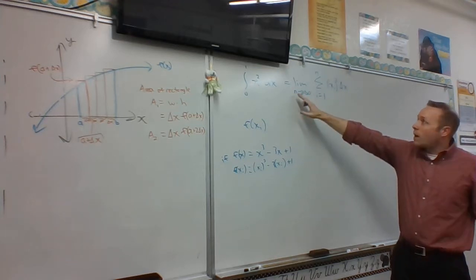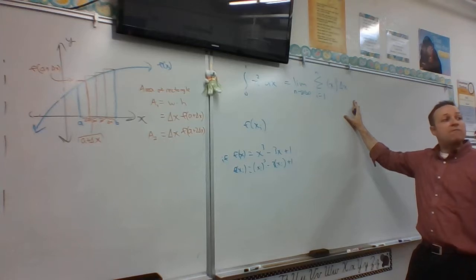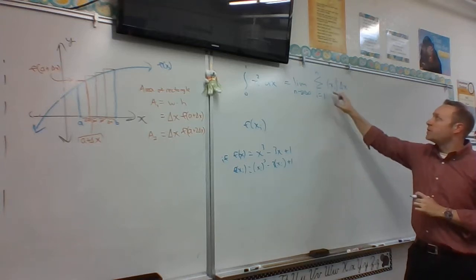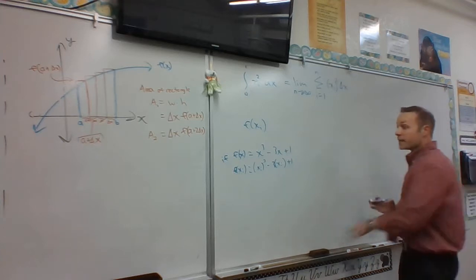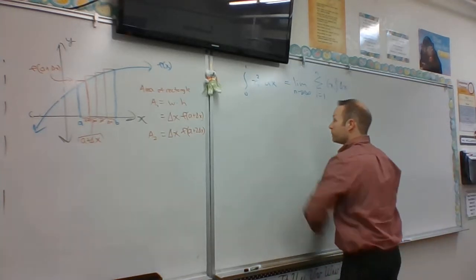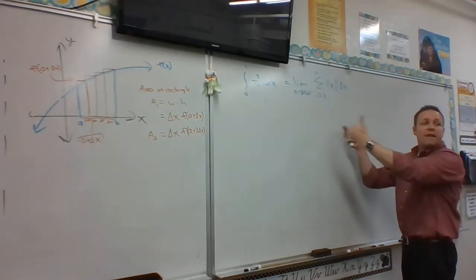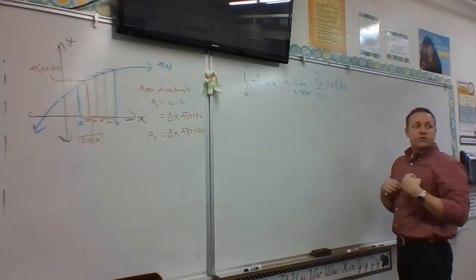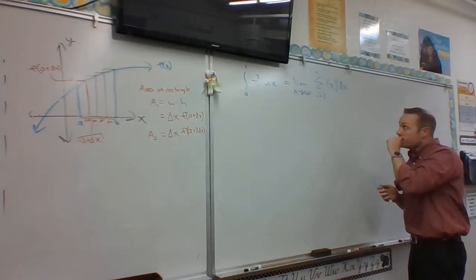So I rewrote the formula exactly, except instead of f of x sub i, I rewrote my actual function with an x sub i. Now to play it safe, it might be a good idea for you to write f of x sub i first, and then in your next step, swap in your function. Does that make sense? Yeah. Okay.